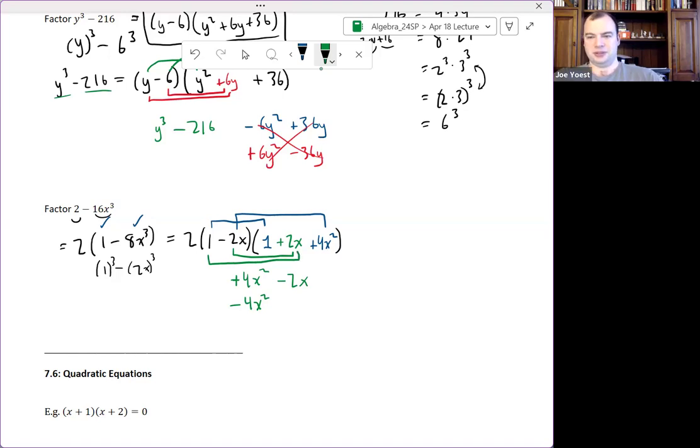Plus 1 times plus 2x, plus 2x, which does perfectly get rid of that one too. And so I see this factors as 2 times 1 minus 2x times 1 plus 2x plus 4x squared.